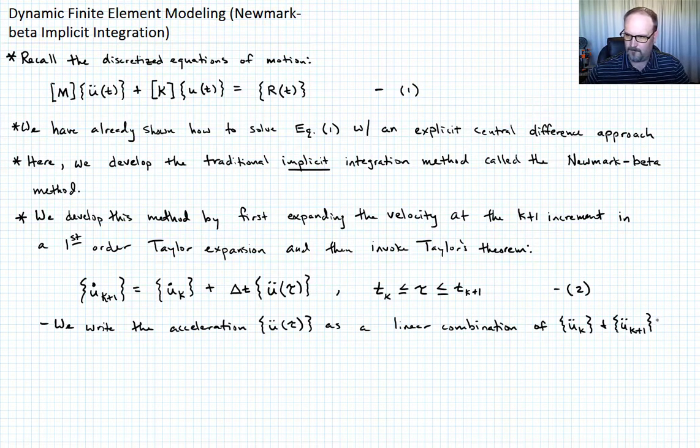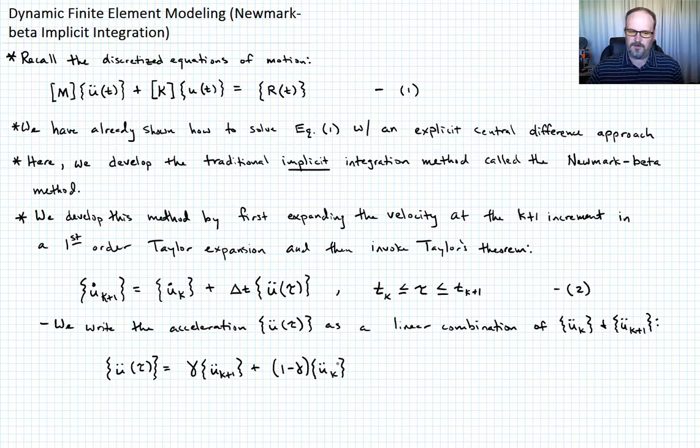So u double dot of tau is equal to gamma, which is just a constant, a weight coefficient, as you'll see in a second, times u double dot of k plus 1, plus 1 minus gamma times u double dot k. That seems relatively easy. Let's call this equation 3.